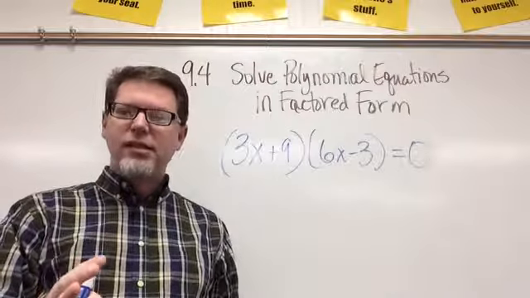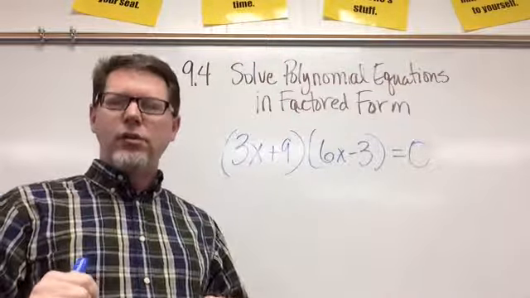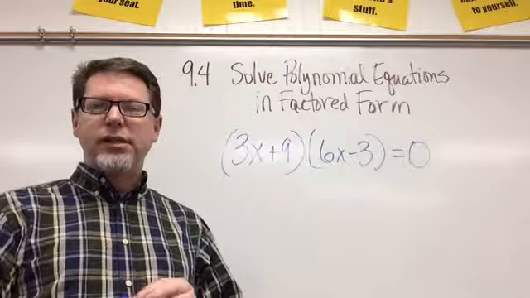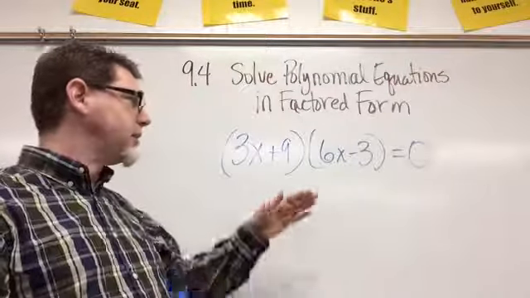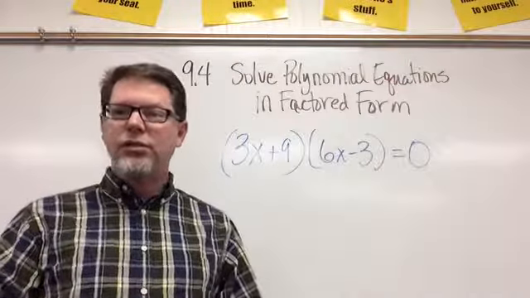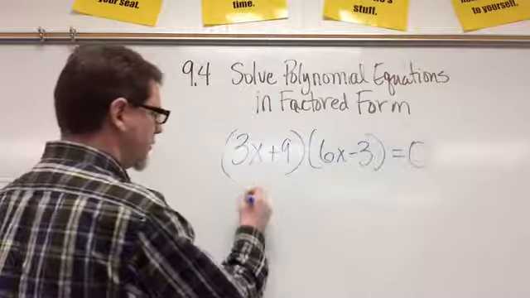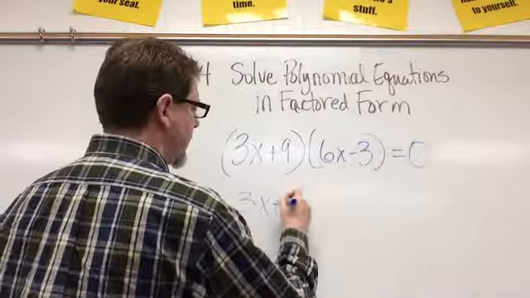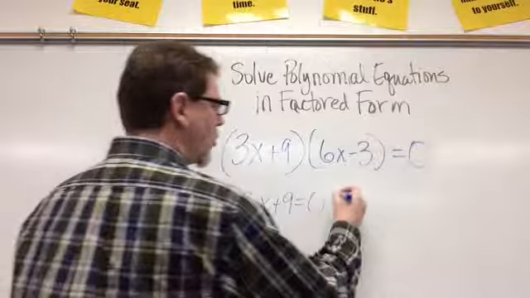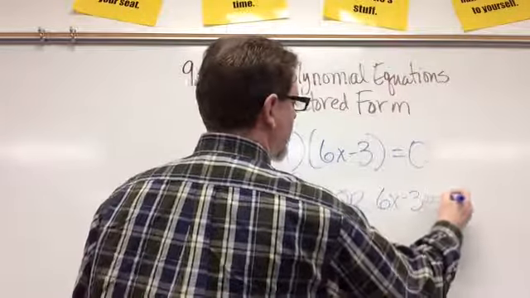So let's look at this example. I have the quantity of 3x plus 9 times the quantity of 6x minus 3 equals 0. That tells me that one of these quantities has to equal 0. So again, I'm going to set up the two different equations: 3x plus 9 equals 0, or 6x minus 3 equals 0.